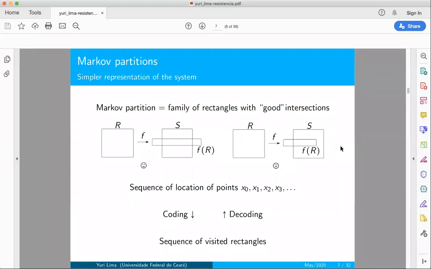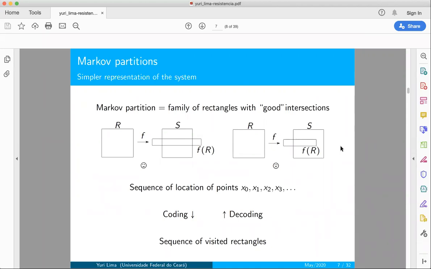And whenever you have this good intersection, you can get actual trajectories of your dynamical system, which are sequences of points x0, x1, x2, and so on. And to code them, just say what is the sequence of rectangles that this trajectory is visiting. And this coding is not only good, but also good is the decoding that you get out of this. What do I mean by decoding?